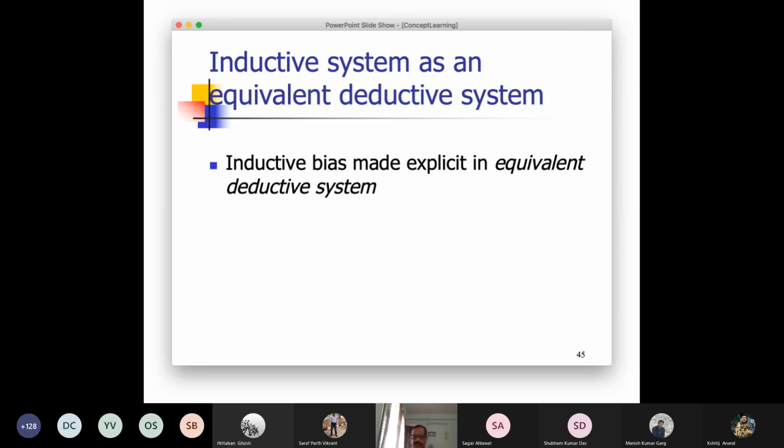Say for example, suppose you have data points in two-dimensional space, and given the value of x, you are predicting the value of y. So you would like to determine the value of y. Now, if you put a constraint that the relationship is a straight line, say y equal to mx plus b, this is your inductive bias.